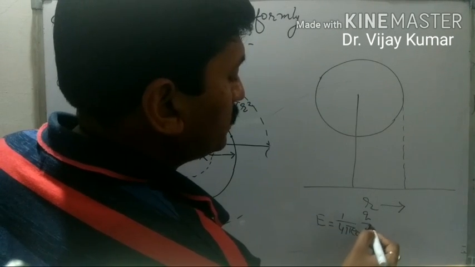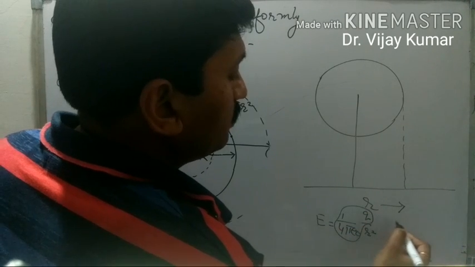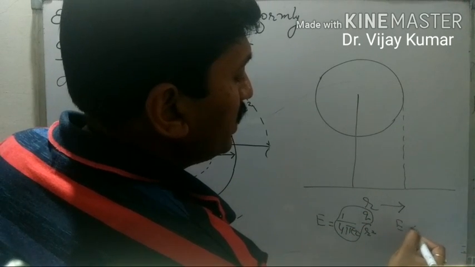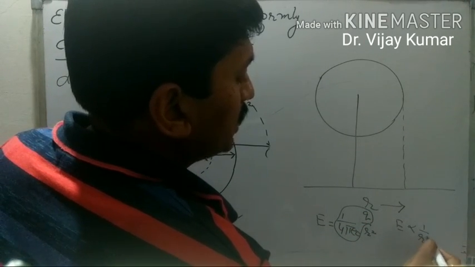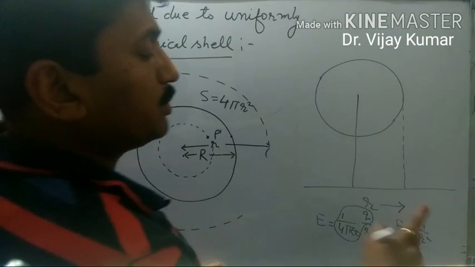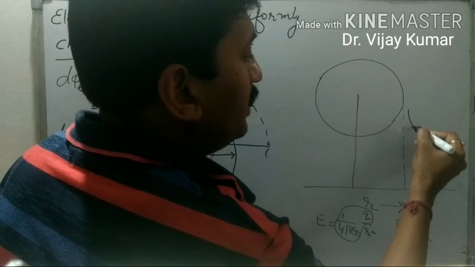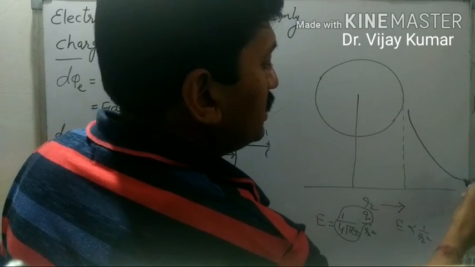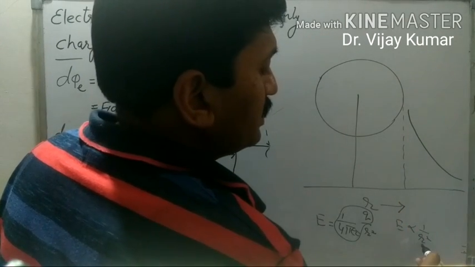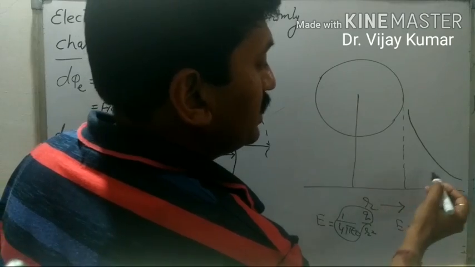Q upon 4 pi epsilon naught are constant. It means the electric field varies with respect to 1 upon R square. The electric field is inversely proportional to R square. It means outside the spherical shell, the electric field decreases as the distance from the shell increases.